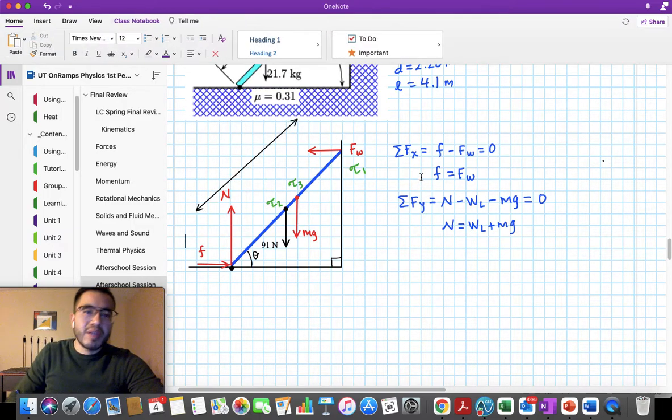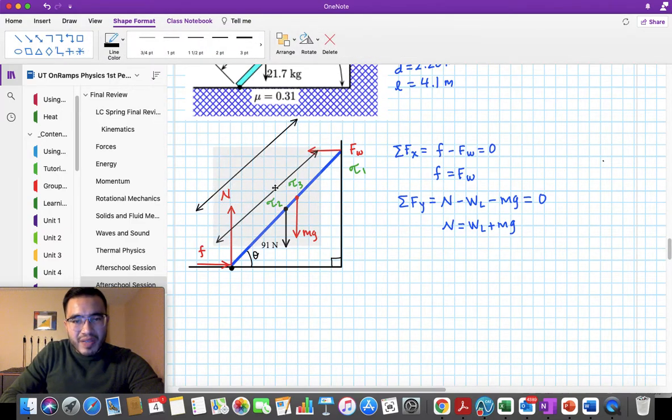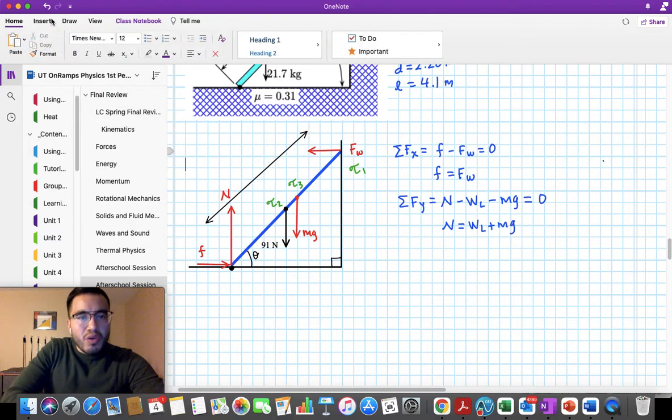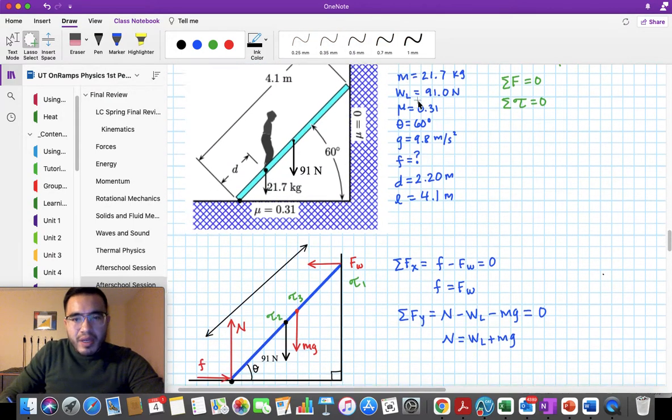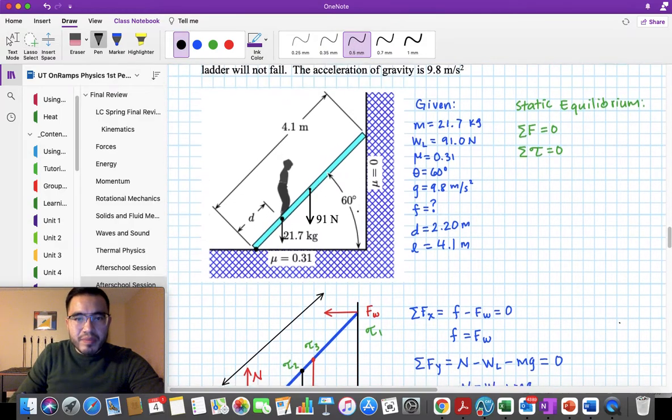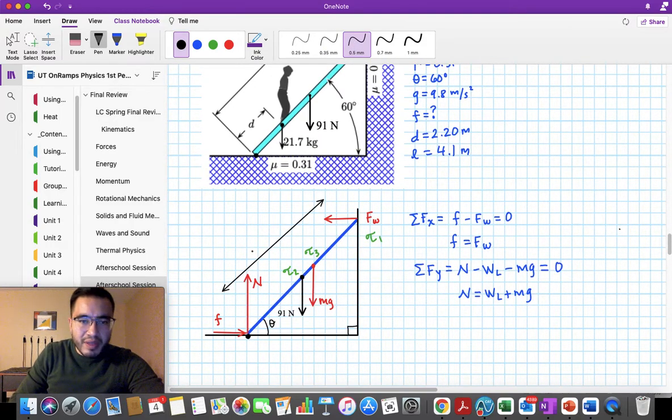All right, so this is the length of the ladder. No, it looks tacky, so maybe if I move it here, then I move my normal force. I know I'm making this unnecessarily long. This is the normal force, and this is 4.1 meters. So the length of the ladder equals 4.1 meters.